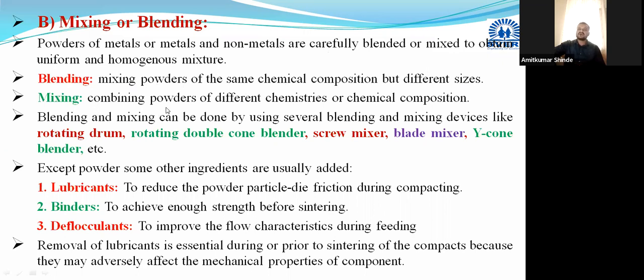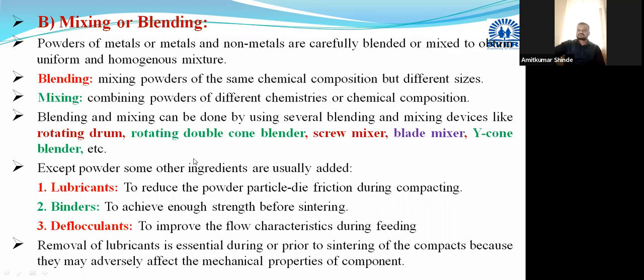And when we are combining powders with different chemistries, meaning different chemical compositions, and the powder size may be the same or different, it will be termed mixing.